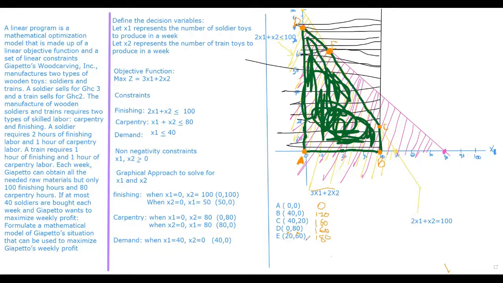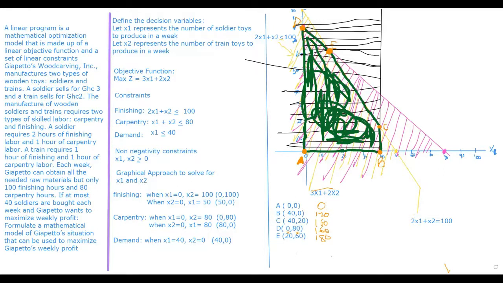Therefore, Geopetus Incorporation would manufacture 20 soldier toys and 60 train toys to obtain a maximum profit of 180 Ghana cedis, and that will be your answer. I repeat, the 20 here becomes your answer for x1. 60 here becomes your answer for x2.